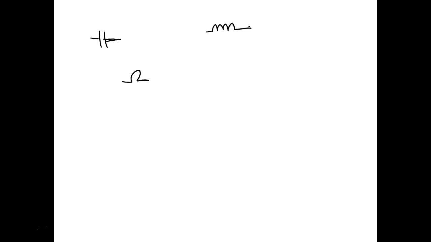I put it in a DC circuit, and the thing acts like a piece of wire. I put it in an AC circuit, and it has an opposition to the AC that we call reactance. So the formula for X of L is 2 pi F L, and the answer is in ohms.